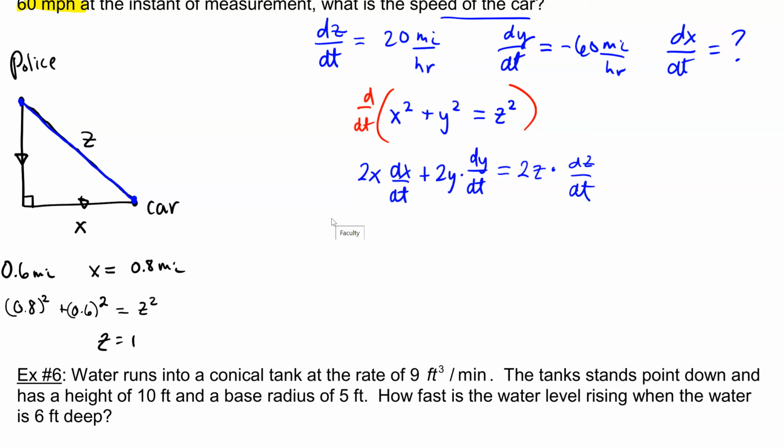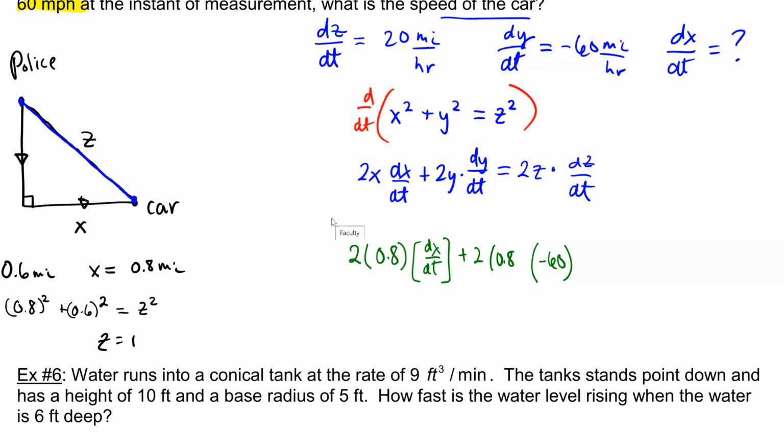So we know what x is, right? Because we know x at that moment is 0.8, and the speed it's going, we don't know, but we have to solve for that. Plus 2 times y, which is 0.6, times the speed it's going, negative 60.